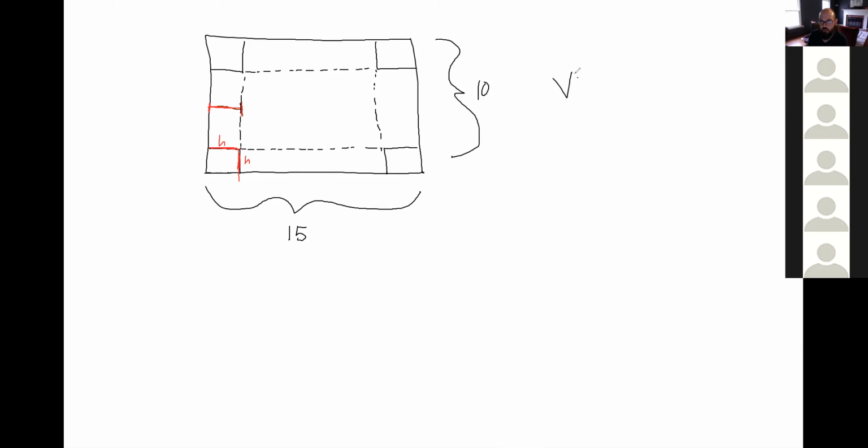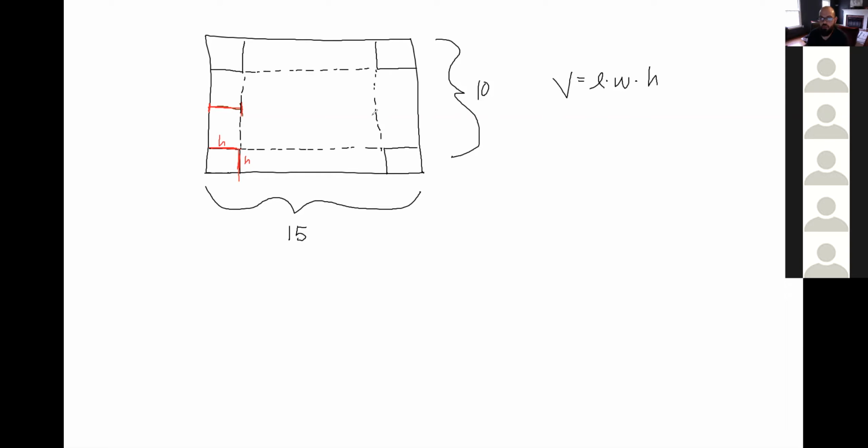The volume is the length times the width times the height. I said the height was h, but now I need to know the length and the width. Preferably, the only variable I'm going to use is h.